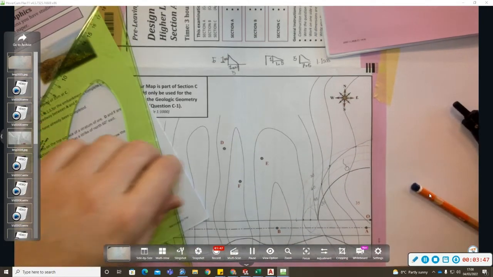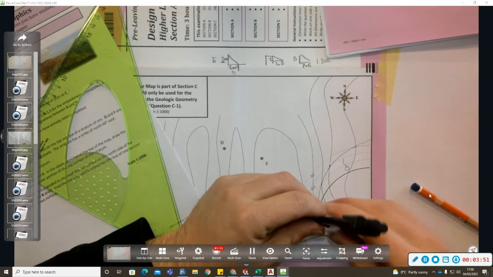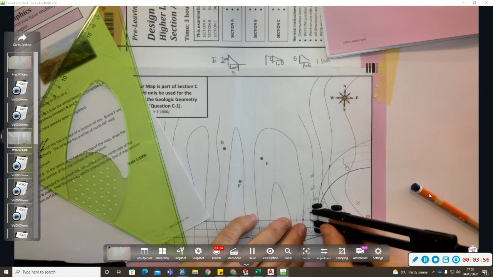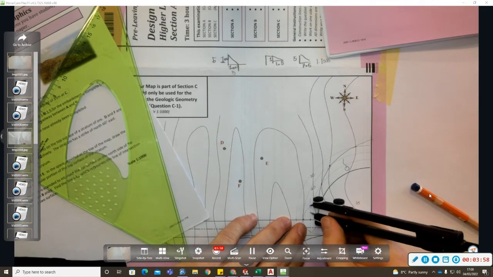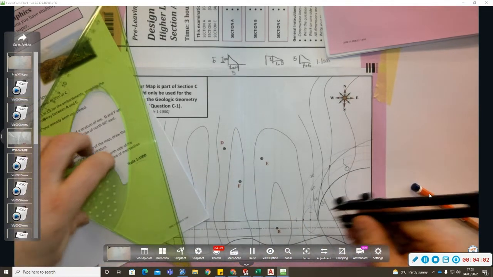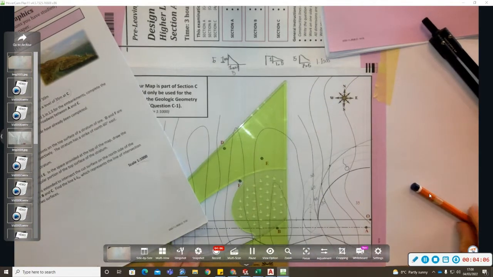Now the road is going from A to B, we're going up in 7.5s. So A to B is level.